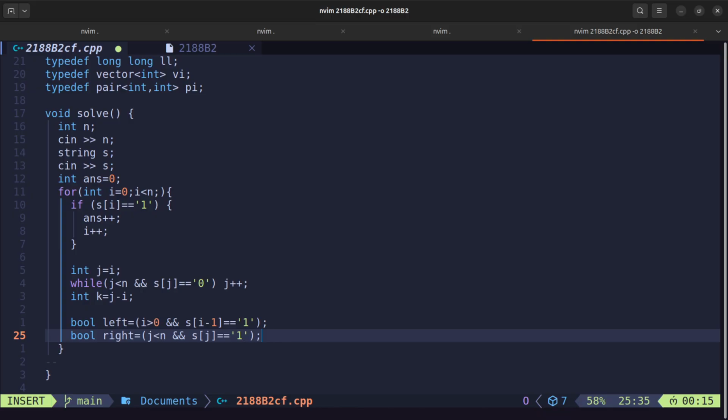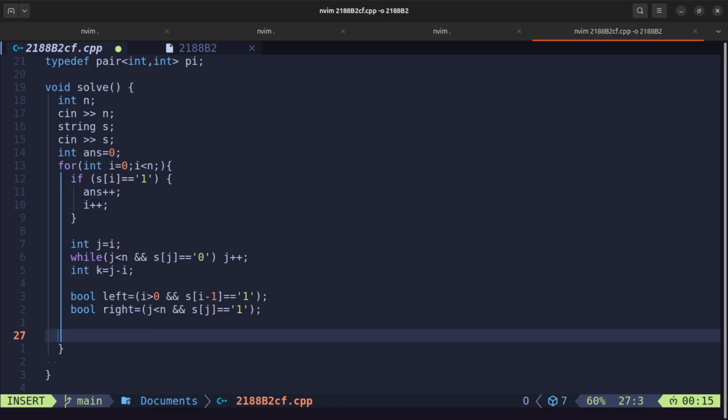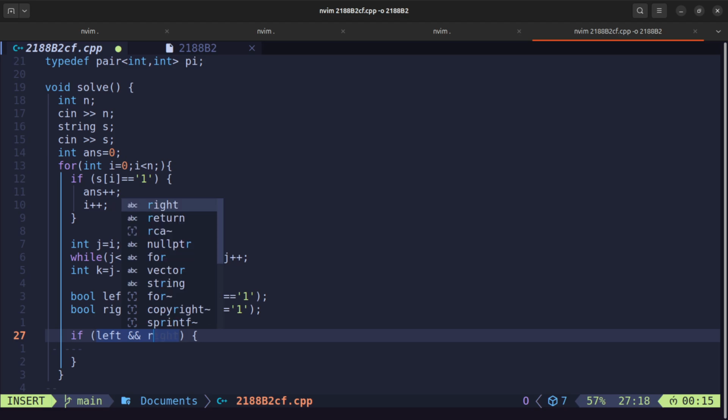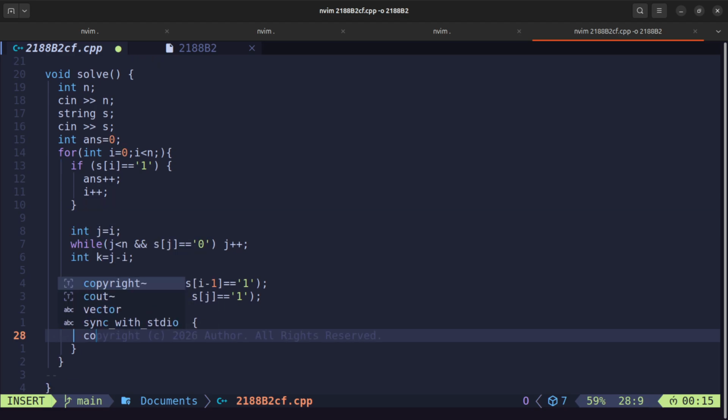After that we'll use an if condition. If left and right are the same, then ans will increment by max of 0 comma k divided by 3.